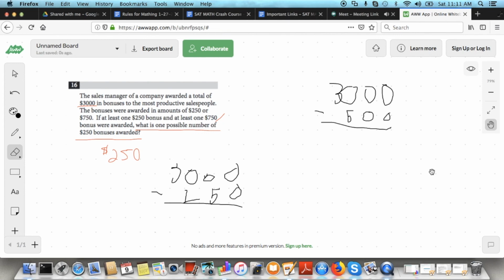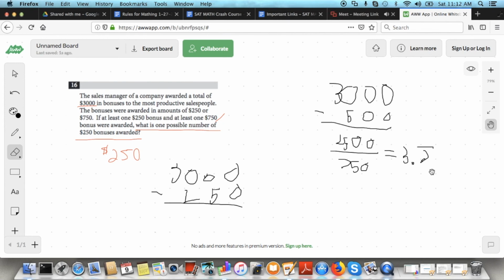So that comes out to 2,500. And then divided by 750. Does it make sense, guys, what Blaze is doing here? Yes. Questions about it? That's not divisible by 750. The answer being 3.3333. No, not happening. We need another value.